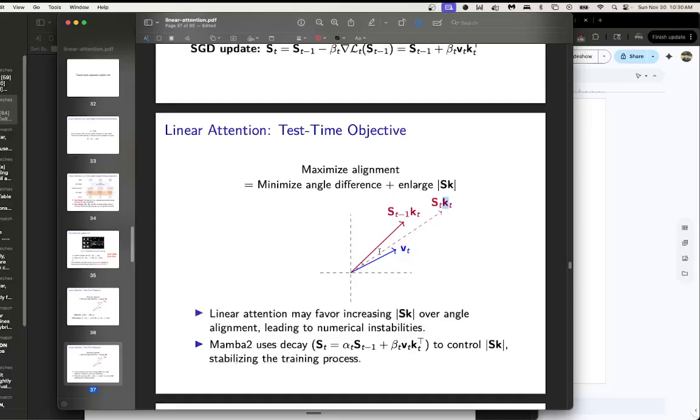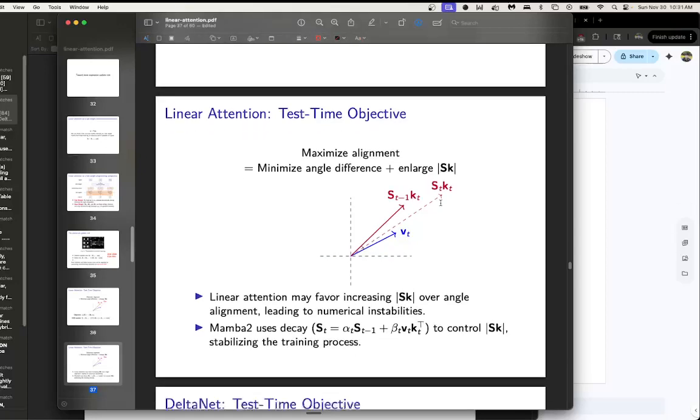Which is what we prefer, because large magnitudes of this vector famously can produce numerical instability during training. Anytime we start getting crazy norms on gradients or anything, as you probably have seen in your work before, things can become unstable during training.